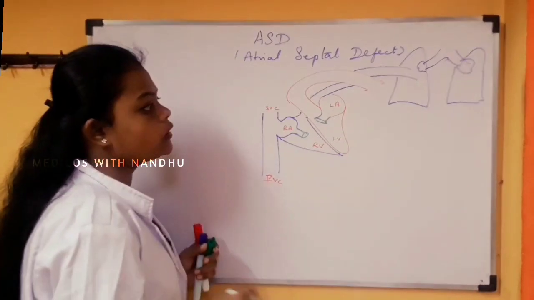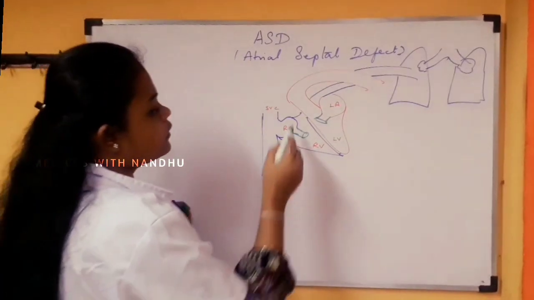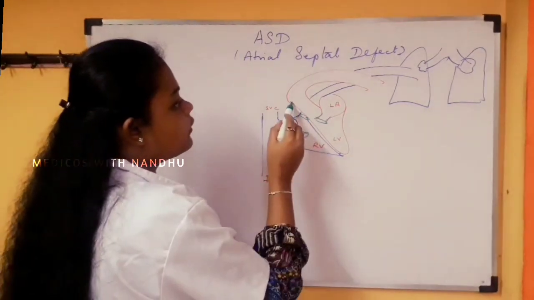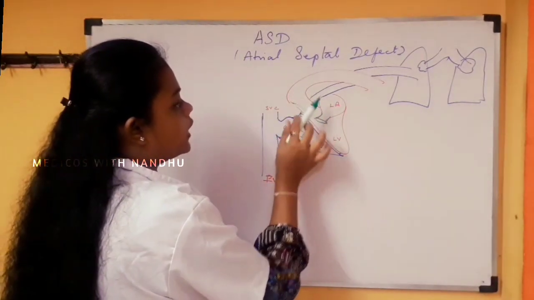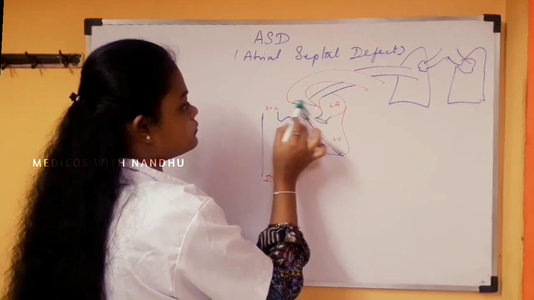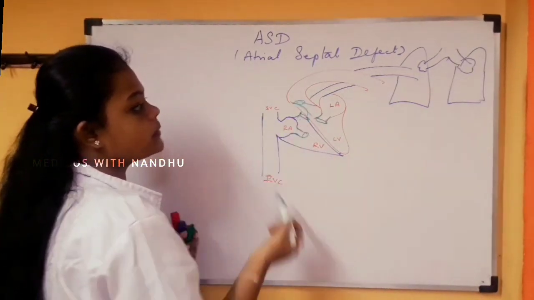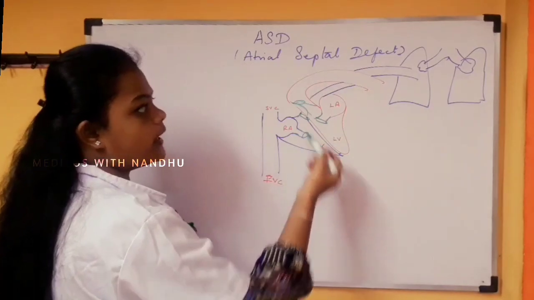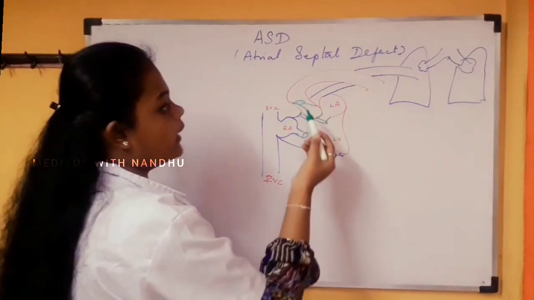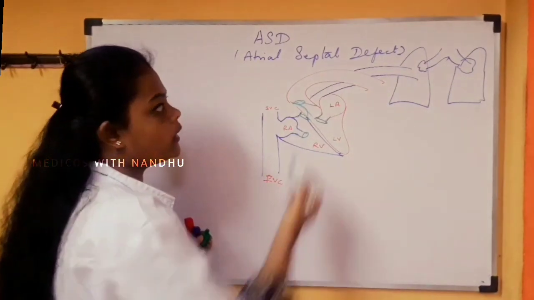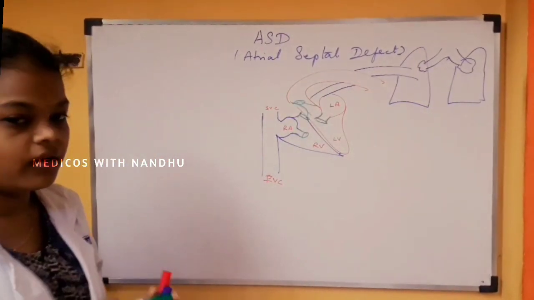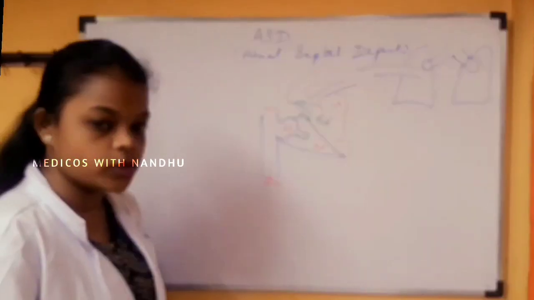The two output valves are the pulmonary valve and the aortic valve. The pulmonary valve is present between the right ventricle and the lung, and the aortic valve is present between the aorta and left ventricle. So these are the normal parts of the heart which we should know.